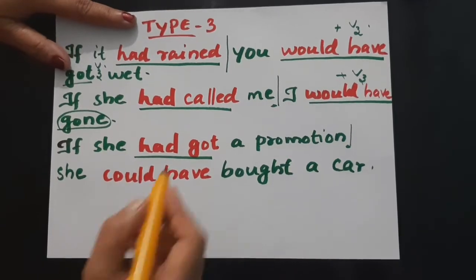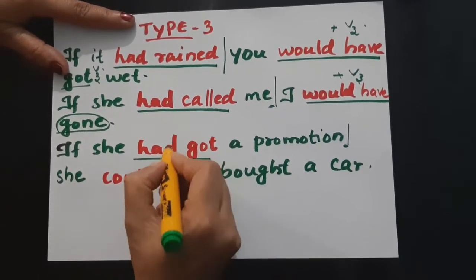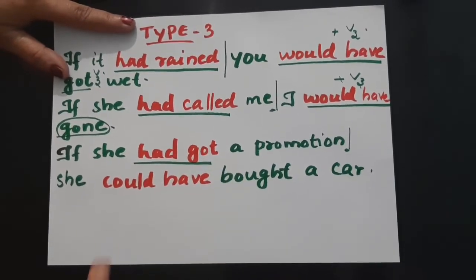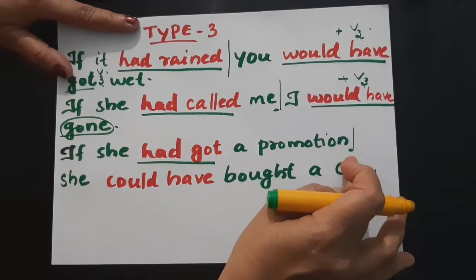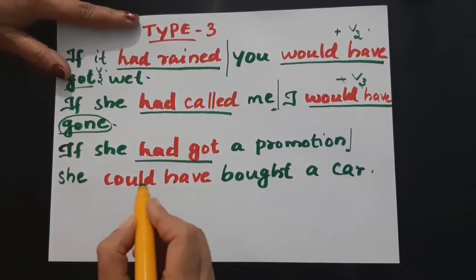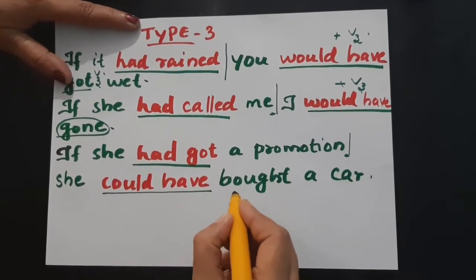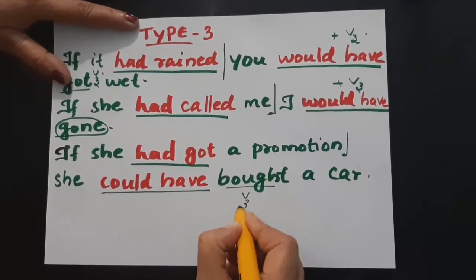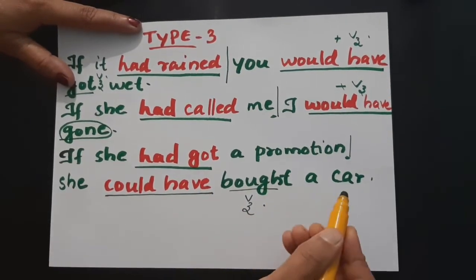See, had got, that is the verb in the past perfect form. Then what's the result? She could have plus V3 form of the verb. She could have bought a car.